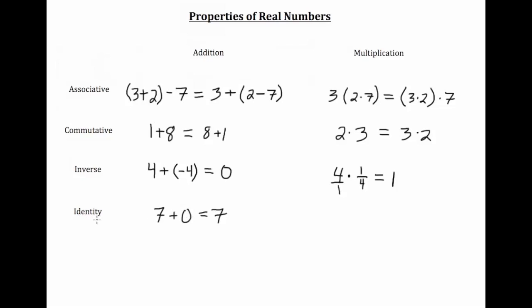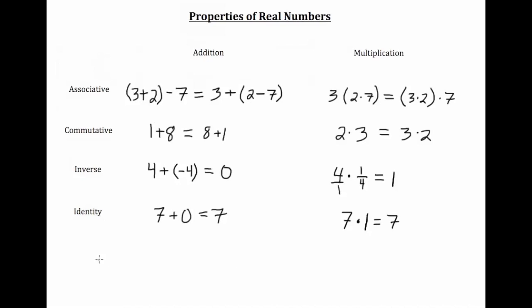That's known as the identity property. Now for multiplication it's similar, except instead of adding we're going to be multiplying. So say if we have a 7 and then we ended up needing to multiply it by 1, that's still going to be 7. So if you take any number and multiply it by 1, you're going to have a result of that same exact number you started with. That would be the identity property for multiplication.